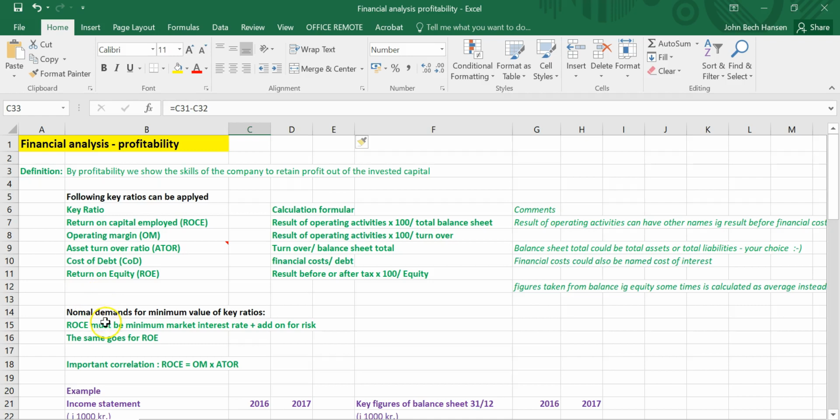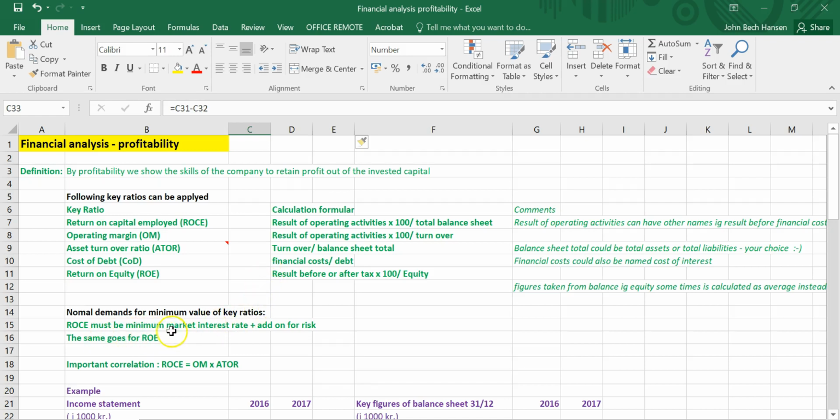The easiest one, with absolutely no risk, would be to place your money in the bank at a normal interest rate. So we should have at least that when we place our money in this company, plus an add-on for the risk that the company is not able to deliver a return on our investment.